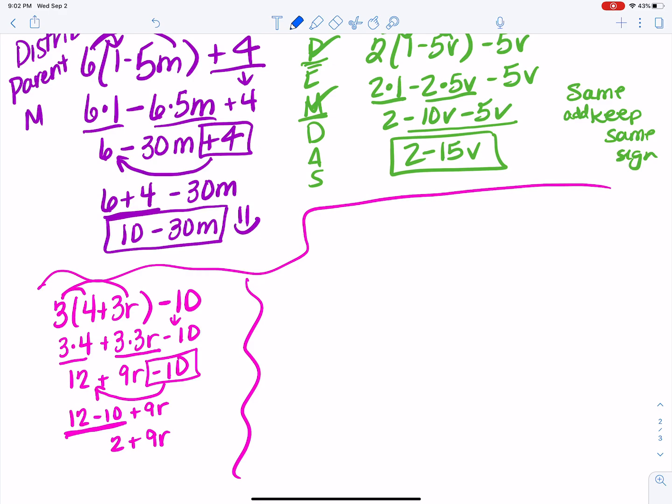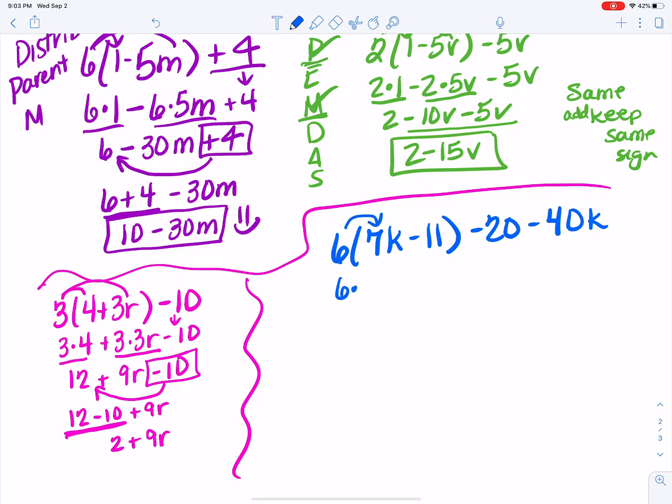Next problem. 6 times 7k minus 11. Then we're going to subtract 20. We're going to subtract 40k. Okay. So we distribute 6 times 7k minus 6 times 11.